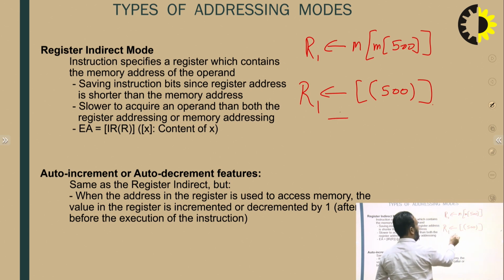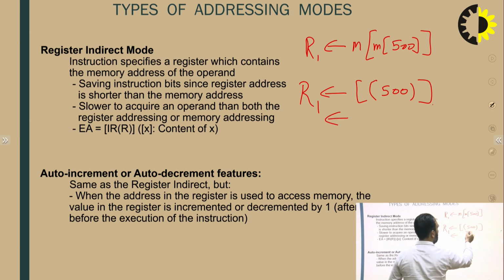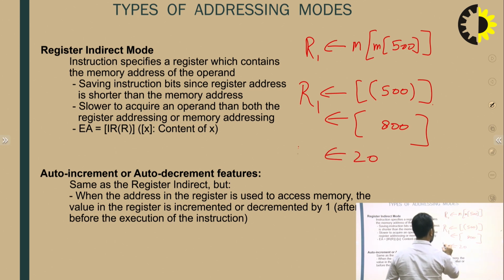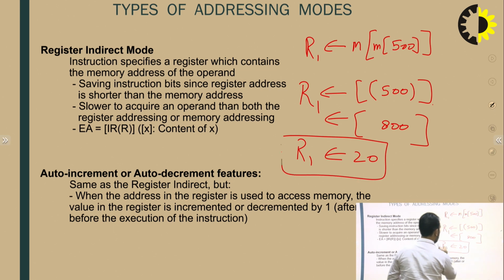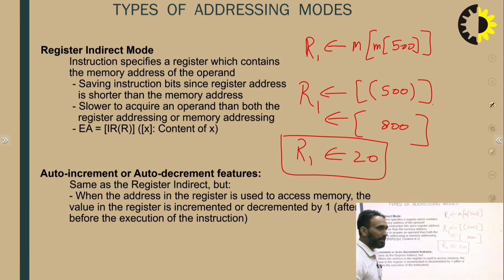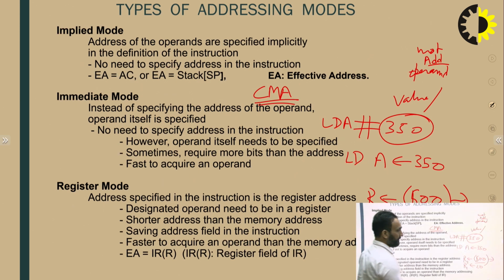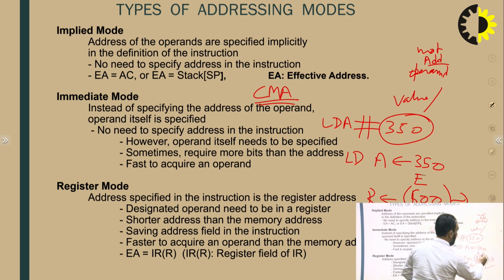If we apply the BODMAS rule, we first solve the inner bracket. For example, at 500 there is 800 and at 800 there is a value of 20. So R1 will store 20 here, that is the indirect register addressing mode, and the previous one is the direct addressing mode, where there is an effective address.